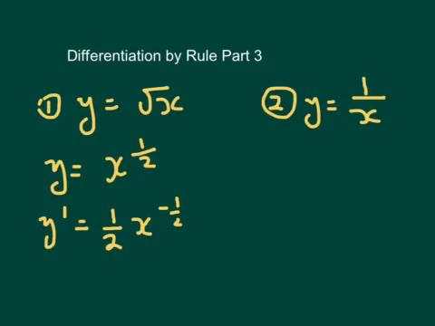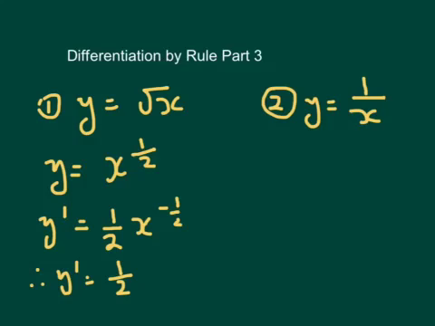Now, it's considered bad manners in mathematics to write the answer in a form that's different to the form used in the question. In the question, we have used a surd, haven't we? So we've got to put this back into surd form. How do we do that? Well, y dash is going to equal a half. Let's keep that fraction a little bit separate from the rest of it.